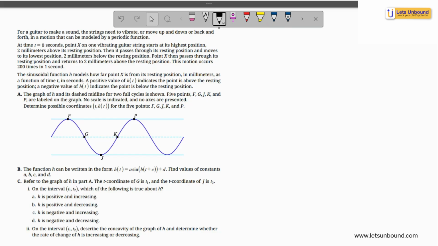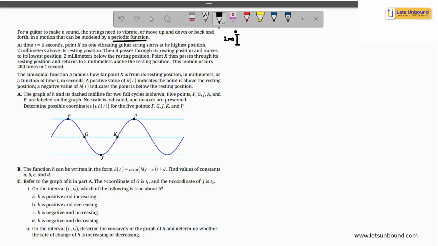It says, for a guitar to make a sound, the strings need to vibrate, or move up and down or back and forth, in a motion that can be modeled by periodic motion. At time t equal to 0 seconds, point X on one vibrating guitar string starts at its highest position. So it's not starting from rest, but in fact it's starting from its highest position, which is 2 millimeters above the resting position.